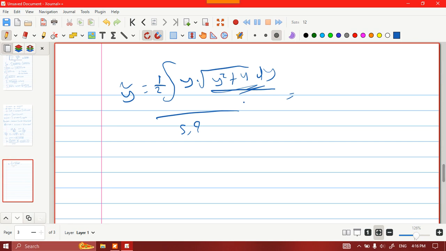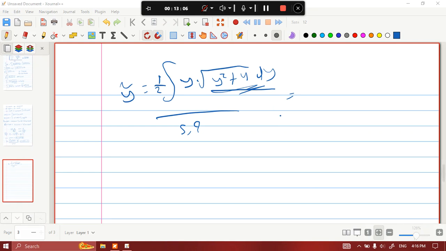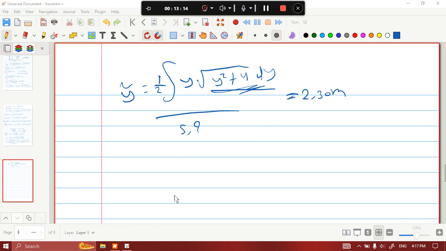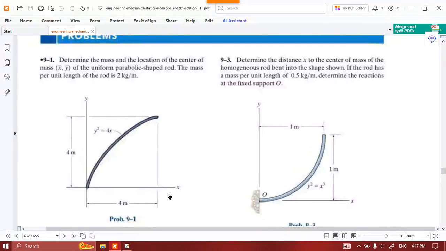From 0 to 4, y square root of y squared plus 4, divided by 5.9, yielding 2.3 meters. Now what I'm going to do is check the answer.